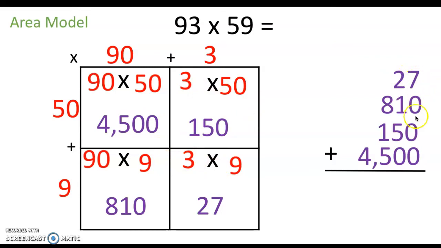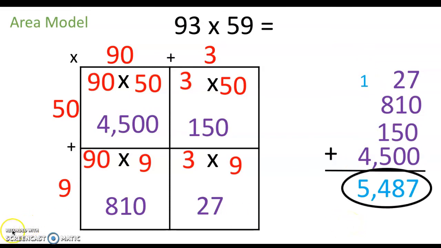So 1 plus all these zeros would be a 1. Then we have 3, 8, plus 5 more gives you 14, which means we would need to carry a 1 and add it on to this 4. Our final answer would be 5,287. Good job, friends. Thank you for following along and trying your hardest.